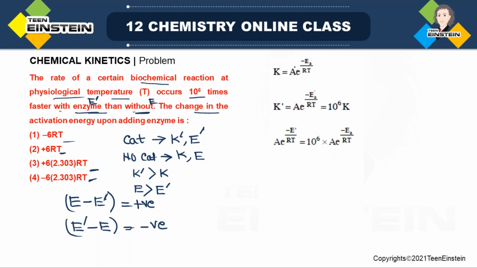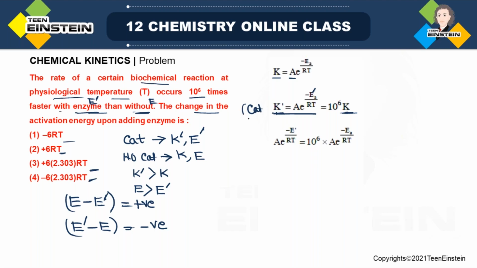Now we will take the help of the Arrhenius equation. K is equal to the pre-exponential factor A times e to the power minus Ea by RT. And for K prime, K prime is related to K because K prime is greater than K, so it is 10 to the power 6 times K. Here we have a prime sign because this is the equation when we are using a catalyst.